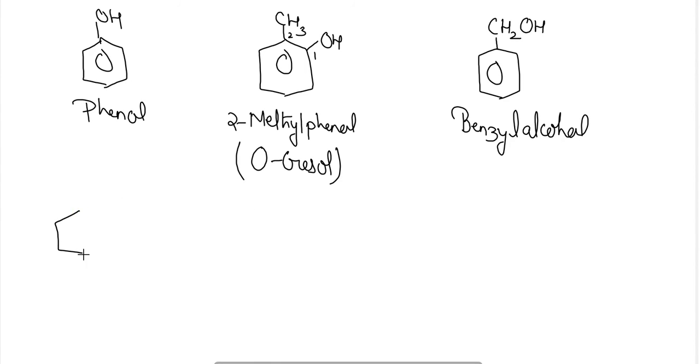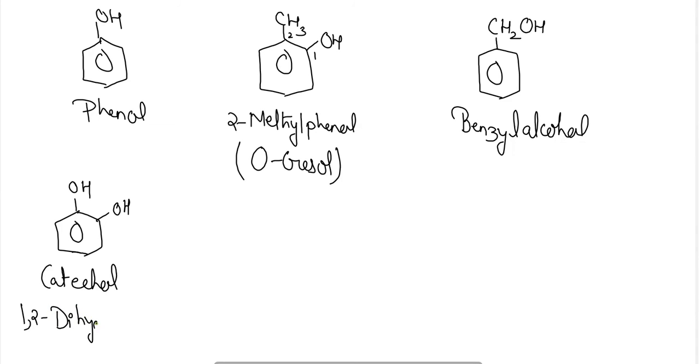Then for 2 OH groups attached to the phenyl ring, like this, it will be catechol, and the IUPAC name will be 1,2-dihydroxybenzene.